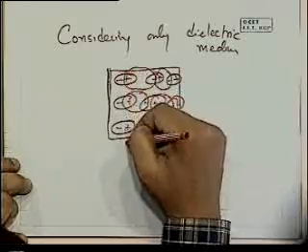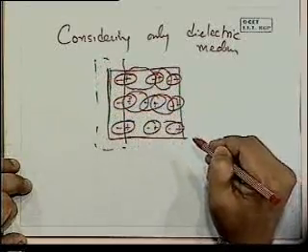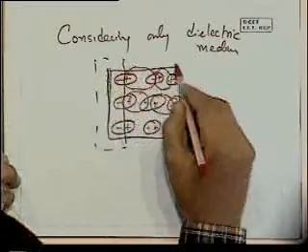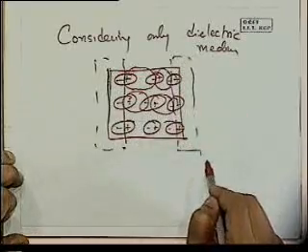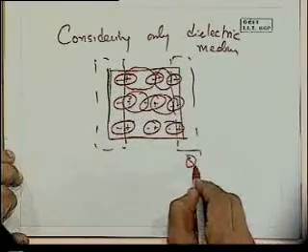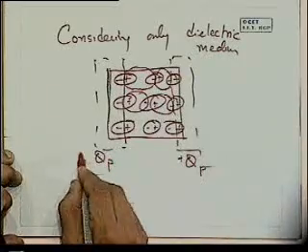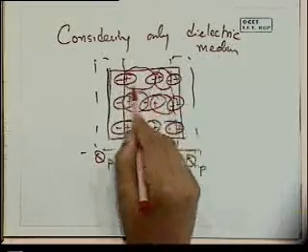But on the surface, on one side, we've got a negative charge. It's a bound charge. It's not moving anywhere as such. And on this side, we've got a positive charge, which we will label as Q_P minus and Q_P plus. In the bulk, they are neutralizing each other.